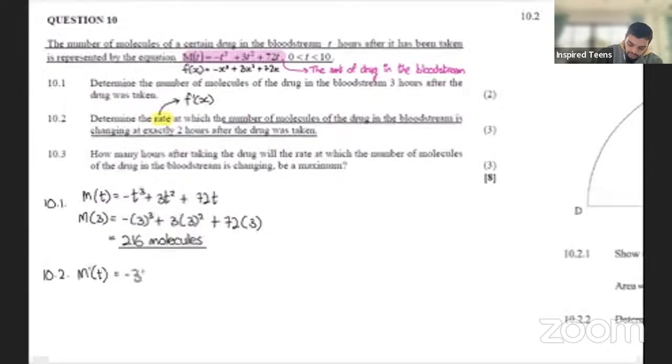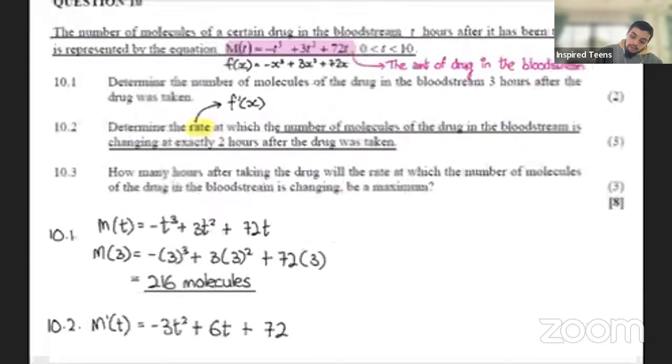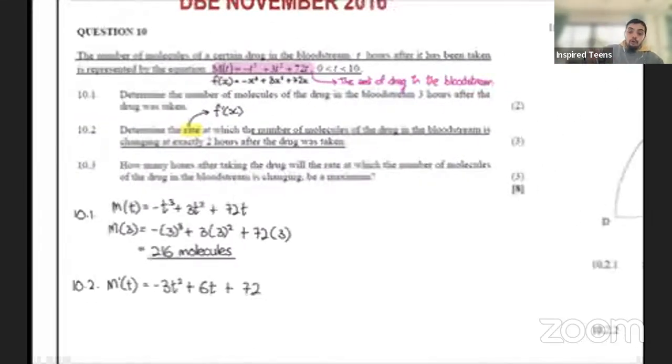So negative 3t squared plus 6t plus 72. This is the first derivative, the derived equation from this formula. So M prime, that's it there. Now we've determined the formula which will give us the rate.